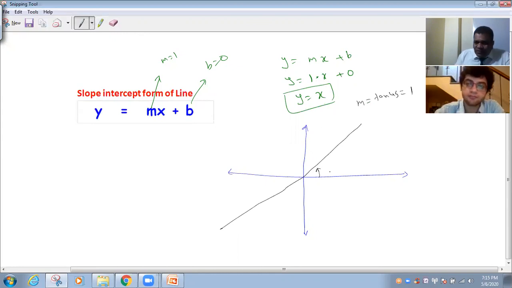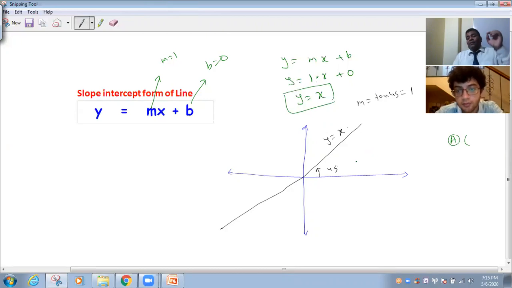It means this angle is 45 degree, right? So the equation of this line is y is equal to x. And if the equation of line is y is equal to x, you take any point on line, x coordinate and y coordinate be same. Am I right? Because y is equal to x.